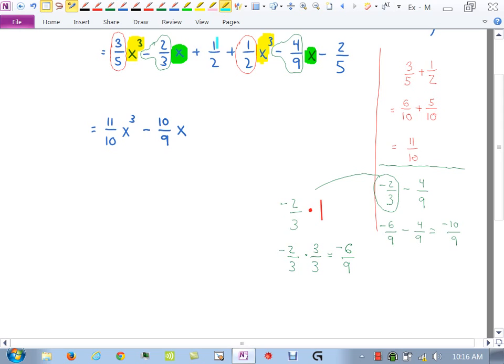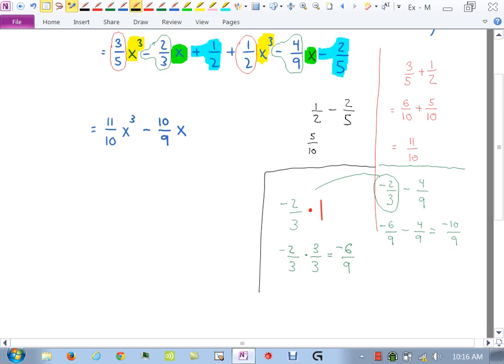And then the last like terms we have are +1/2 and -2/5. So I get to put those together. I'll do that right over here. 1/2 - 2/5. What's my common denominator between these two? 10. So on 1/2, to get a 10 down here, I have to multiply top and bottom of it by 5. Right?